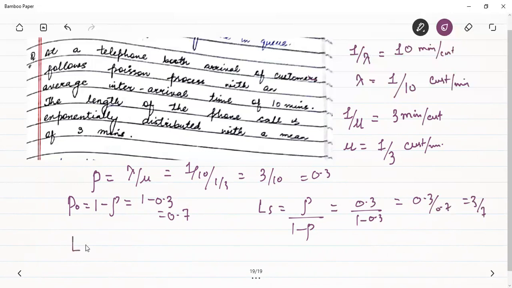अगर पूछ रहा है length of the queue निकालो, that is equal to rho square divided by 1 minus rho, and that will be equal to... rho is 0.7. Okay, 0.7 square divided by 1 minus 0.7.